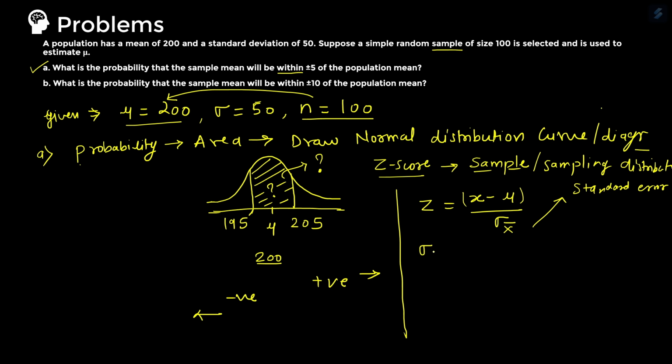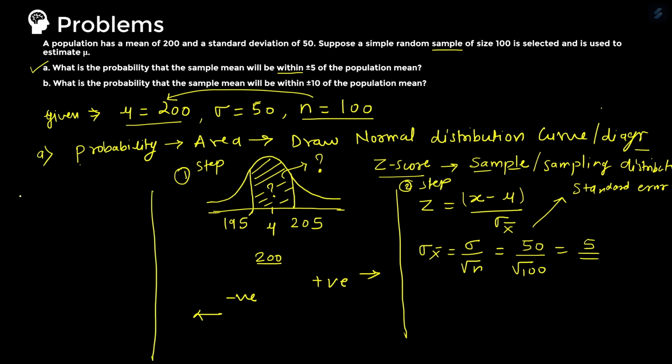So sigma x bar is equal to sigma divided by root n. We have sigma as 50, we have sample size as 100, which comes to 5. This is the first step, this is the second step, and here somewhere I'll write the third step.